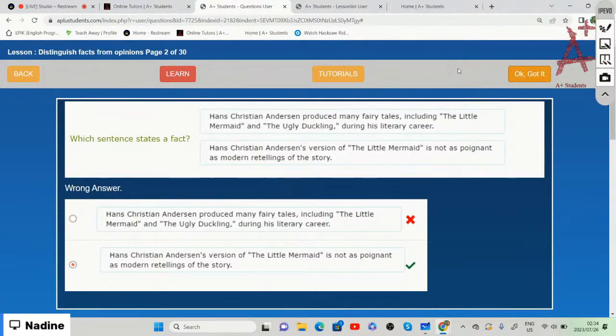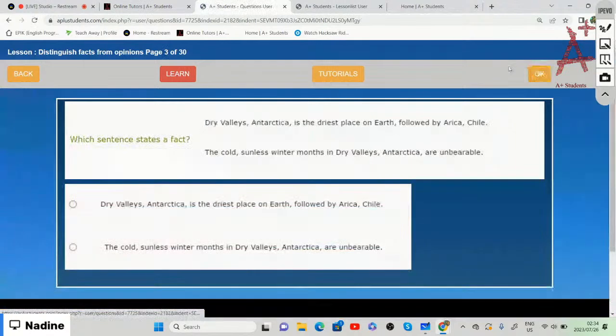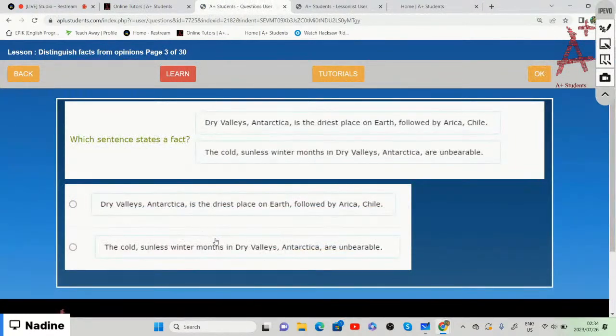All right, so we've got it. We need to say which sentence states a fact. Is it Dry Valleys, Antarctica is the driest place on Earth, followed by Arica in Chile? Or the cold, sunless winter months in Dry Valley, Antarctica are unbearable?